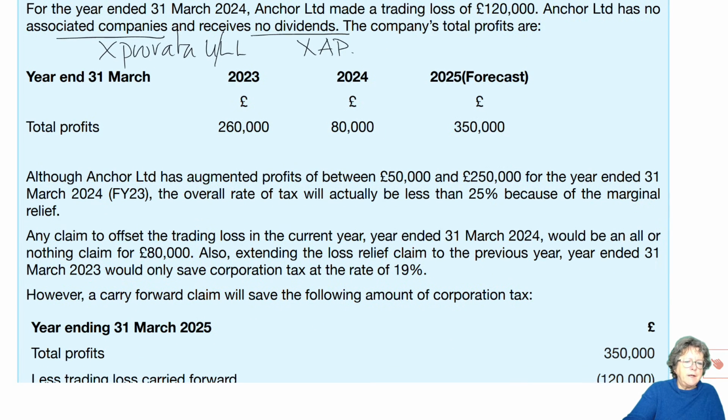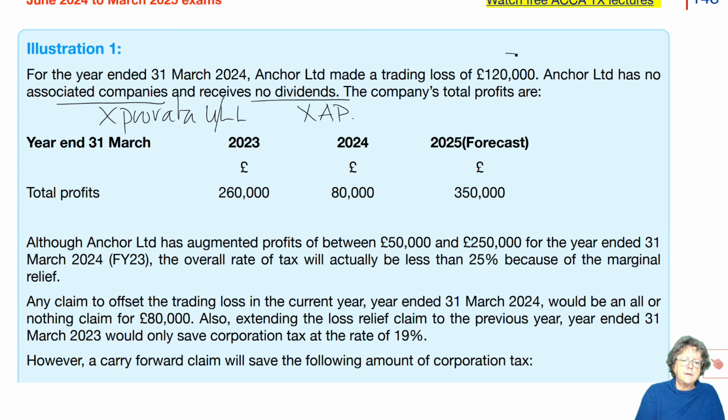So these are our years ended. In year ended 23 we made a profit of 260,000. In 24 we made a profit of 80,000. And in 25 we made a potential profit of 350,000. So that means that if we have a trading loss in this year, this must be other income.